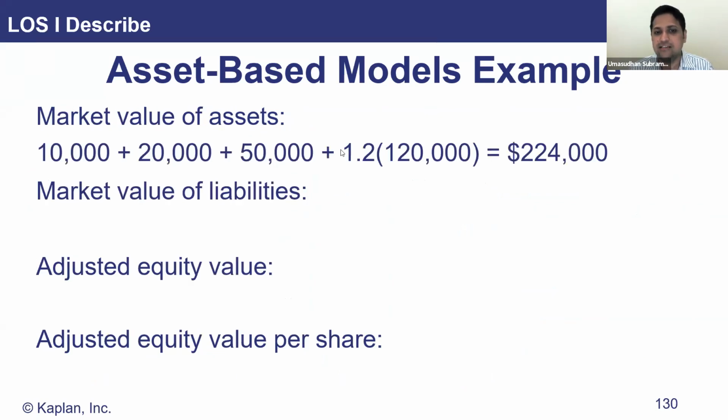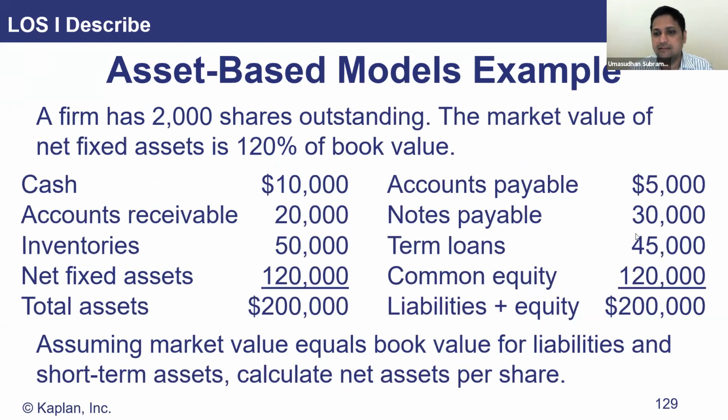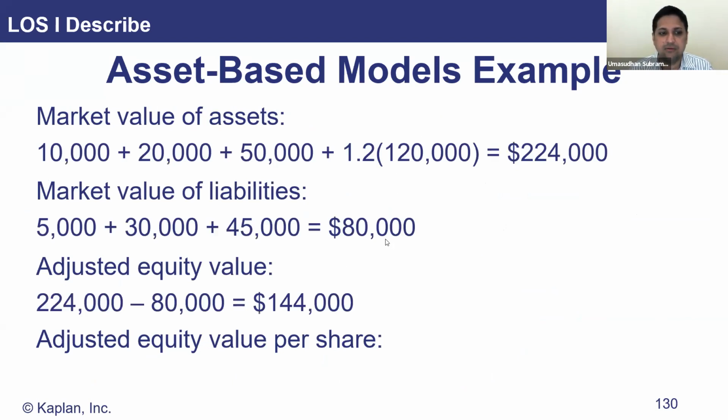And then the fixed assets, 1.2 times 120, 144, for total 224,000. Then the market value of liabilities is 80,000. Then the adjusted equity value is 224 minus 80, which becomes 144,000.